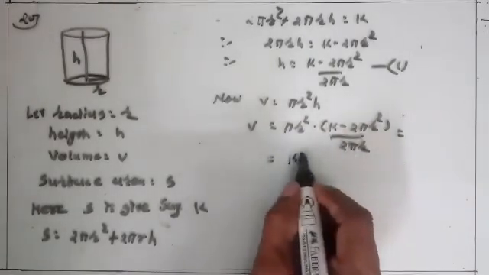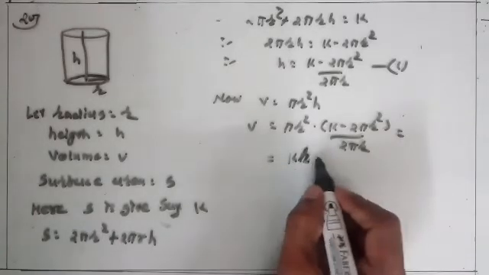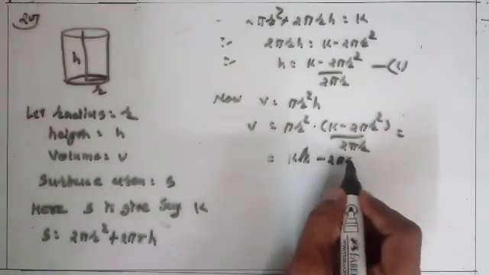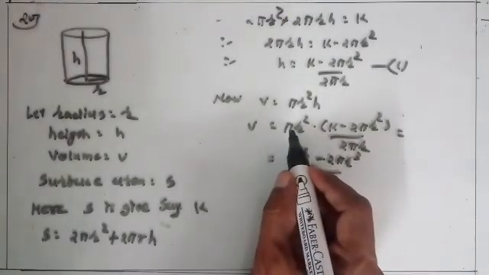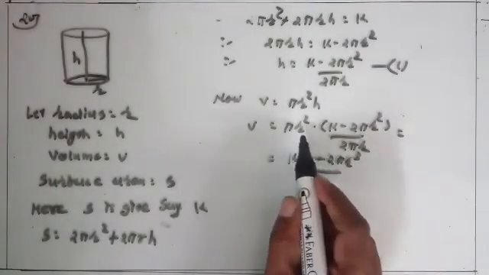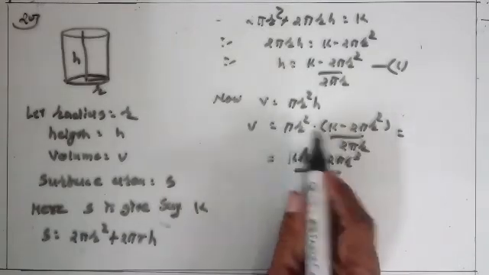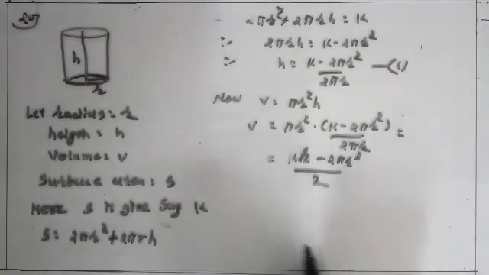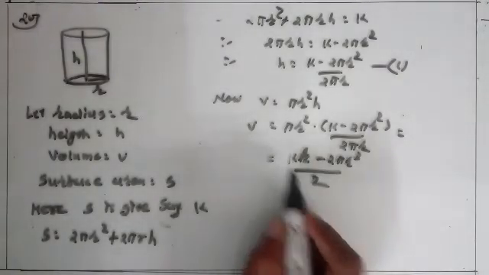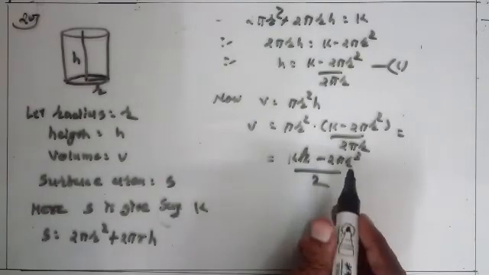So kr minus 2 pi r raised to 3 upon 2. Clear? That means 1 by 2 into kr minus 2 pi r raised to 3.